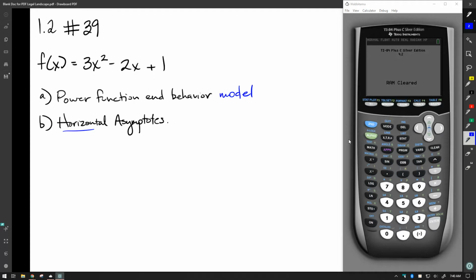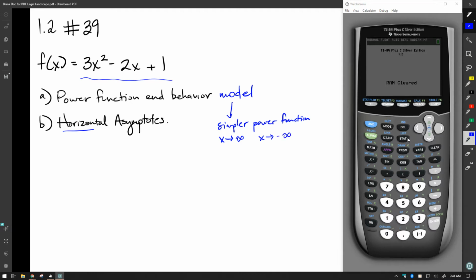And a power function end behavior model is a simpler power function that models what this more complicated function does on its far left and right end. So basically what we're thinking about is finding a simpler power function that behaves very similarly as x goes to infinity and as x goes to negative infinity.